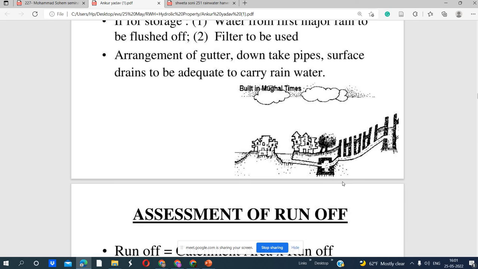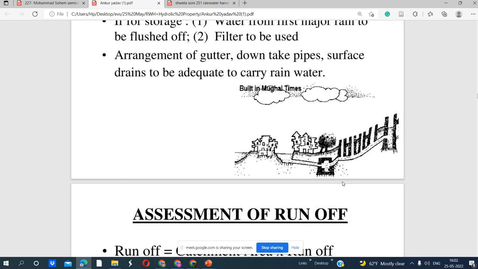Shah Jahan also developed a system in Delhi, the water pipeline in Chandni Chowk. Yes, sir, it was done by Shah Jahan. That was the first water pipeline system.